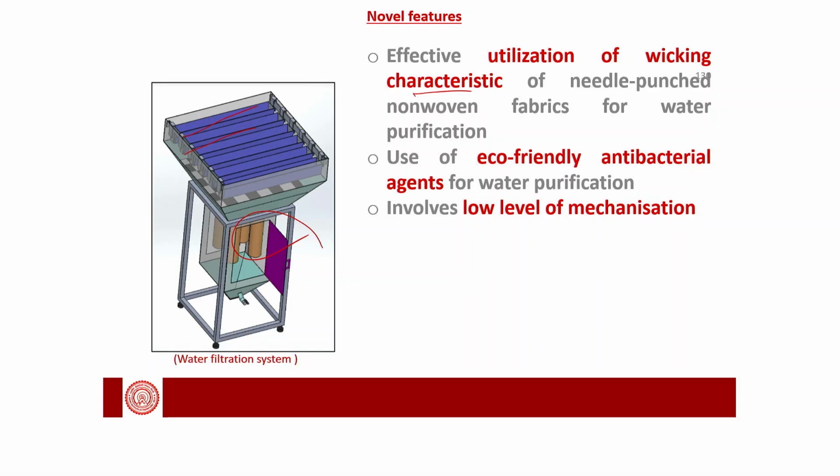So, a very low level of mechanization, very simple in construction, no complexity, and cost wise it is low. Basically, no power requirement is there, the cost is low, and it is very simple.